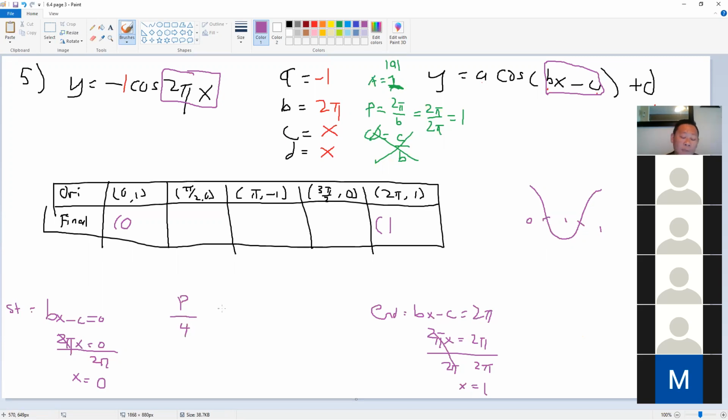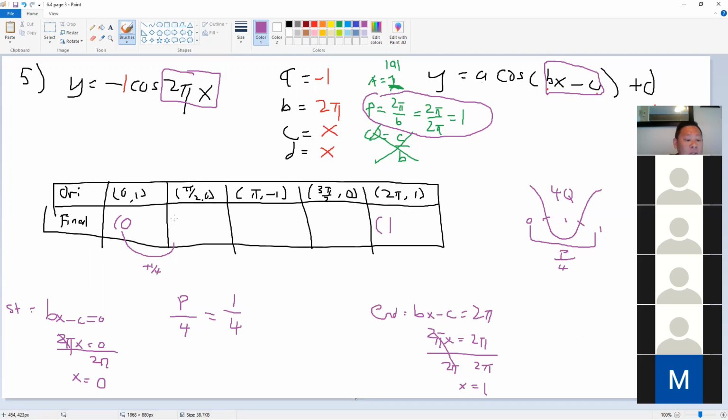The reason is that from 0 to 1 is your period, and since we have 4 quadrants, we divide by 4. The period you found early on is 1, so it's 1/4.